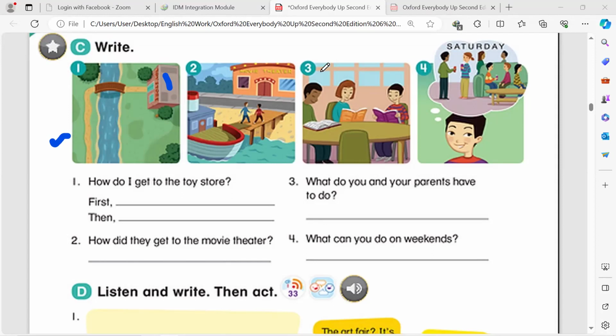First, cross the bridge and go straight. Okay. I mean for number two. Did you say for number two? Oh, no, I didn't. I just said the answer for number one. Yeah.